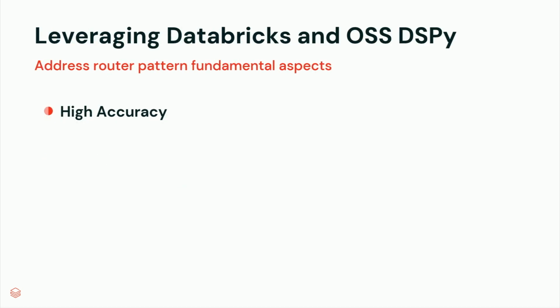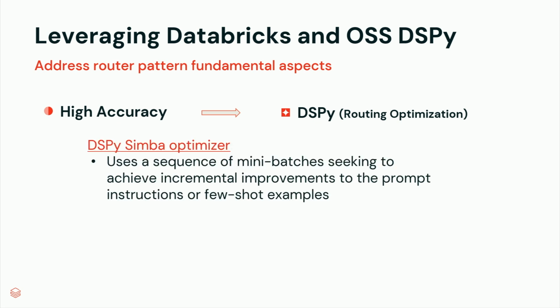Okay. So for the high accuracy portion, we leverage the DSPy optimizations. Particularly a new one that was unveiled yesterday, which is Simba. I won't go into details on Simba, but at a high level, I can tell you that it uses mini batches. So you give it many examples, and it will sample the examples and apply alterations to the instructions and the future examples.